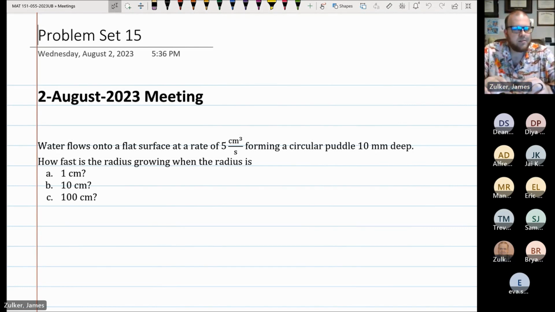Okay. So here we're told that water flows onto a flat surface at a rate of 5 cubic centimeters per second, forming a circular puddle that is 10 millimeters deep. We're asked to determine how fast the radius is growing when the radius is one of 3 measures.